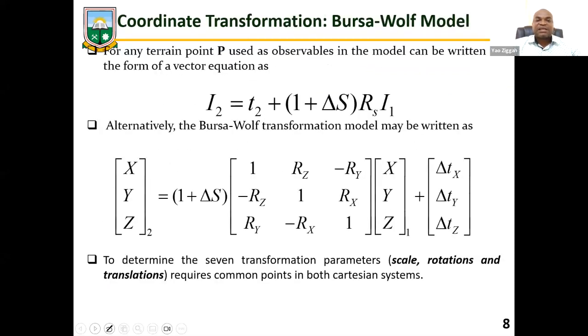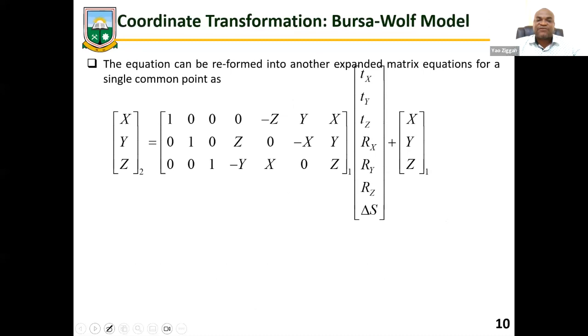Then the next is, for example, you want to use the Bursa-Wolf. This is a compact representation of the Bursa-Wolf model. So when you expand it and express it in a least squares form, you are going to get an expression like this.